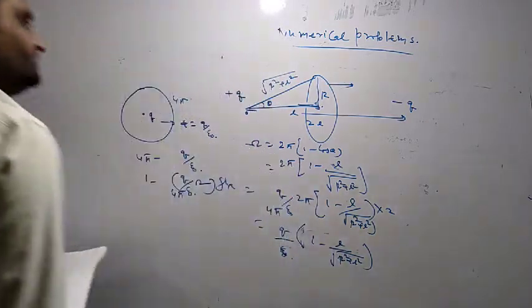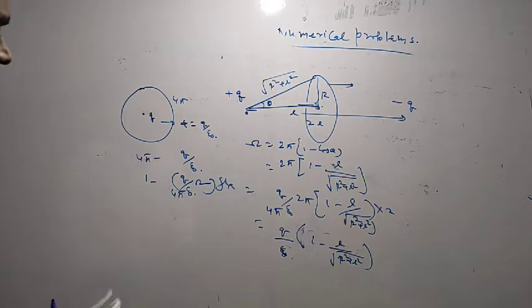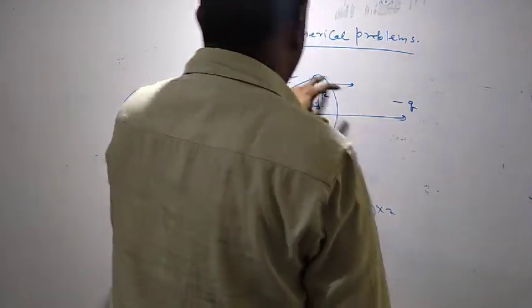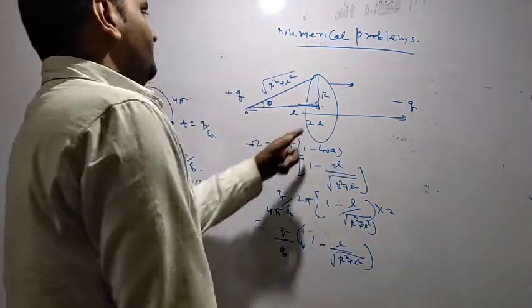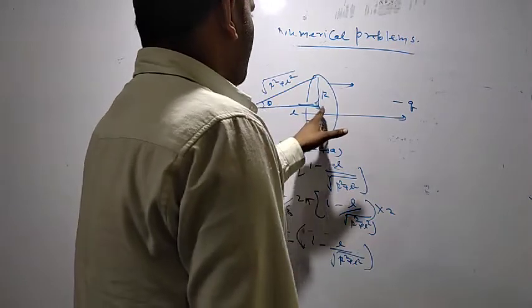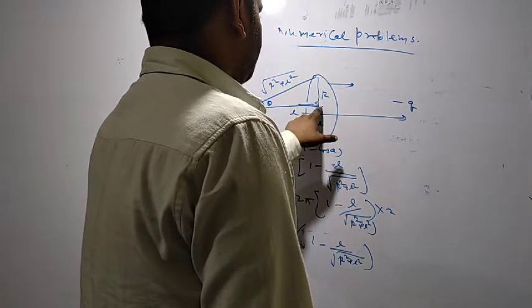So this is the flux. This is the amount of flux crossing through this surface, a ring, due to this configuration, situated at a symmetrical point from this axis.